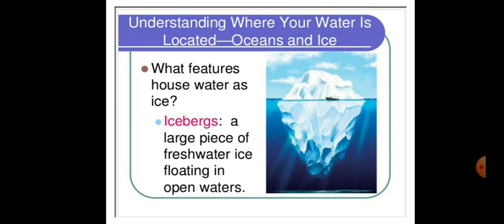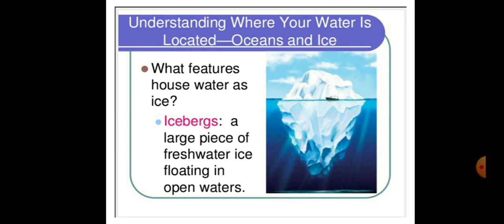Now, what features house water as ice? Icebergs, a large piece of freshwater ice floating in open waters. See, like in the picture you can see, it's a huge iceberg.